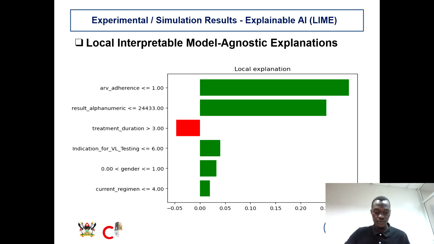So after getting our results, we were able to use the explainable AI.